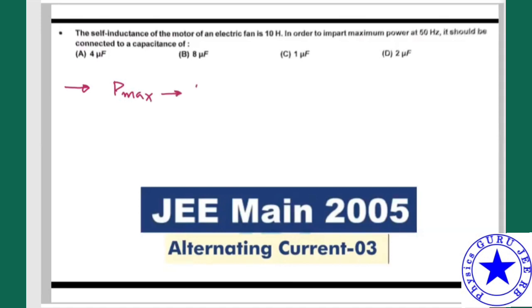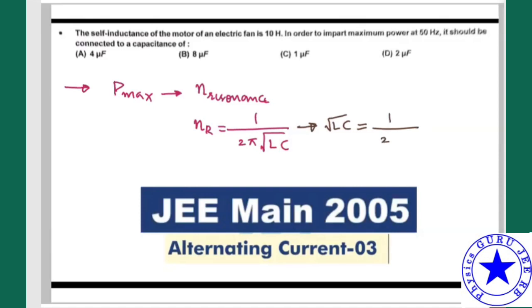The resonance frequency N equals 1 by 2 pi under root of L into C. Now I'll take out the capacitance. Cross multiplying, LC equals 1 by 2 pi into N, and squaring on both sides, LC equals 1 by 4 pi square into N whole square.